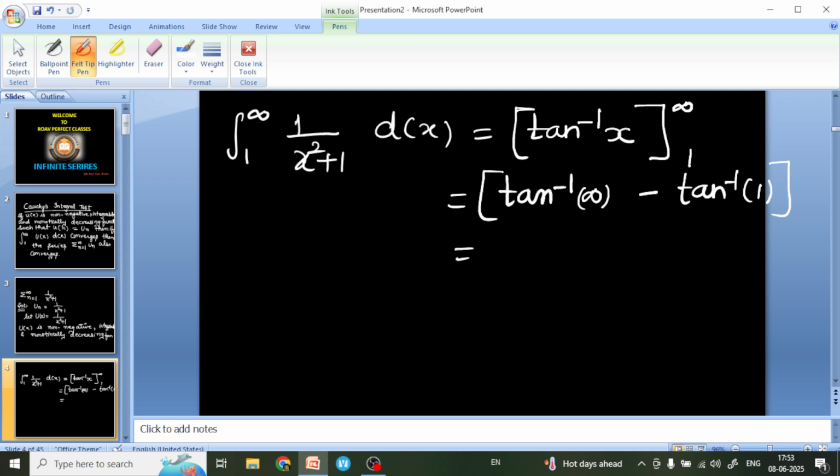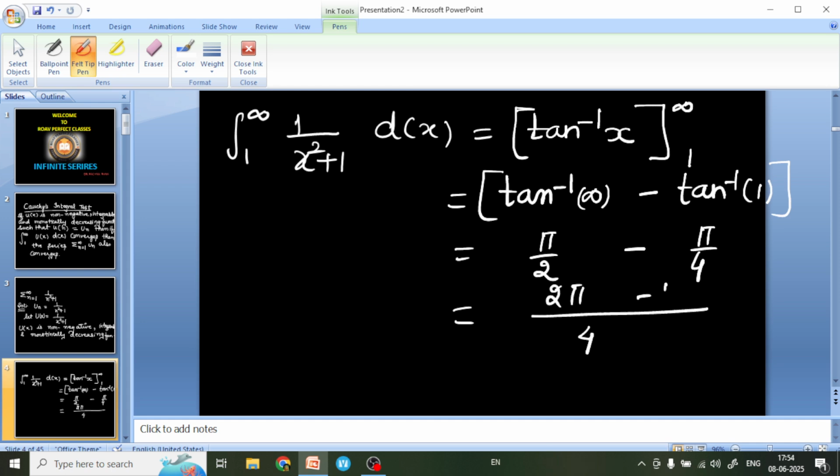Tan inverse infinite is equal to pi over 2, and tan inverse 1 is equal to pi over 4. When we take the LCM, 2 pi minus pi, that is equal to pi over 4, which is finite.